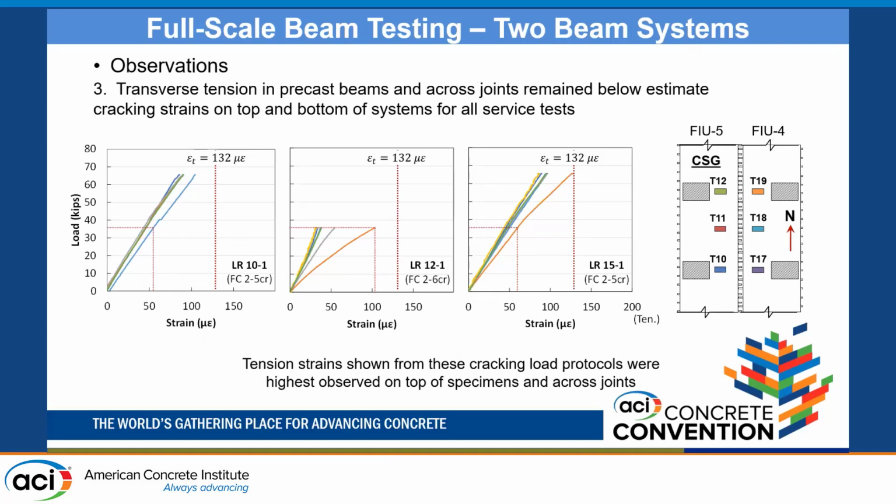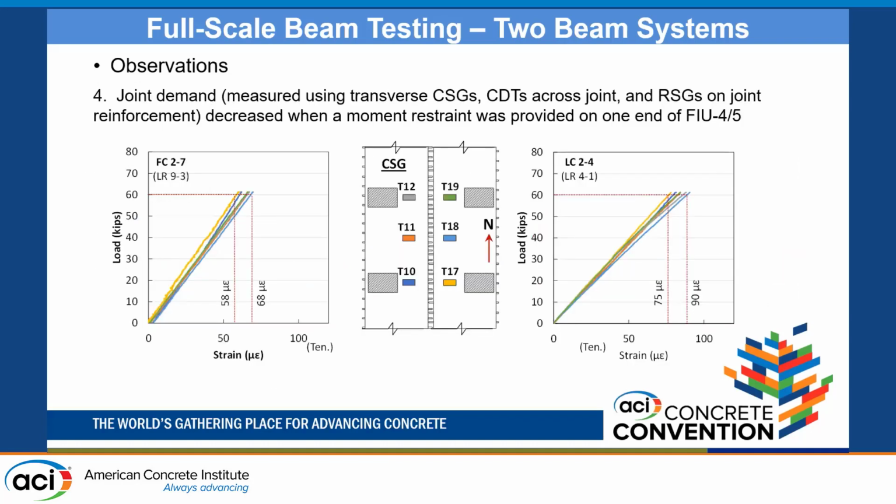However, remember that we exerted the saw cut, impersonating the crack of the UHPC joints, and that's why on the far right graph you'll see the transverse strain gauge reaching the tensile strain of the concrete.